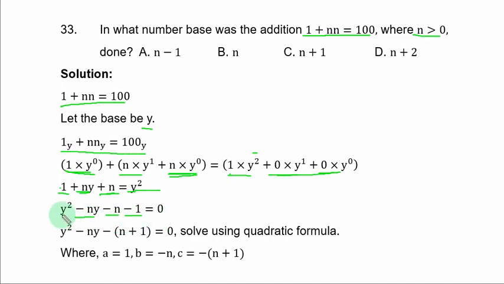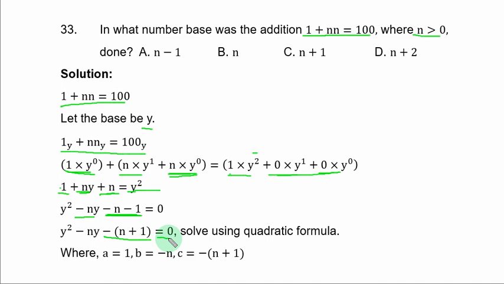Now, the variable of interest here is y, since we have a quadratic. So you have y squared minus ny. These two terms without the variable are regarded as constant, so we factor out minus, and you have n plus 1 equal to 0. I think to solve here, the best option is to use the quadratic formula.